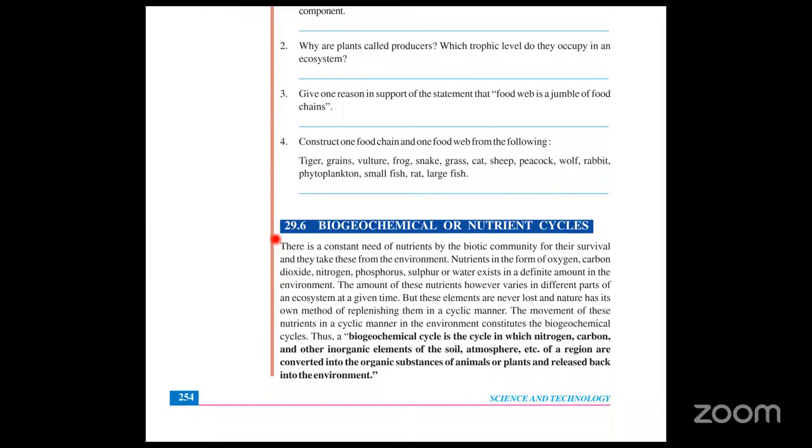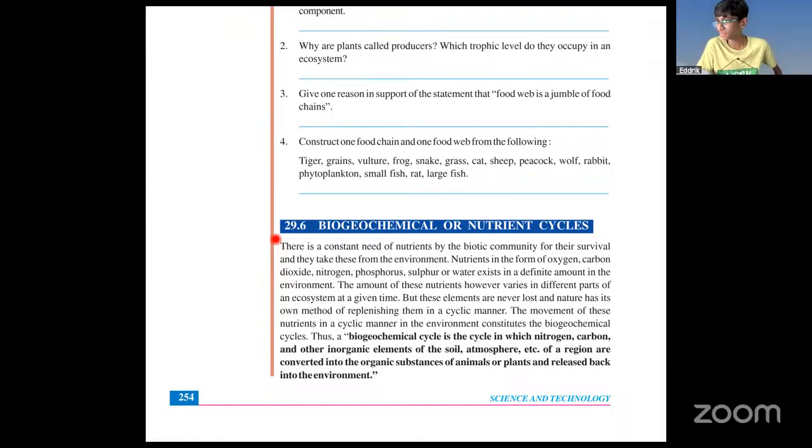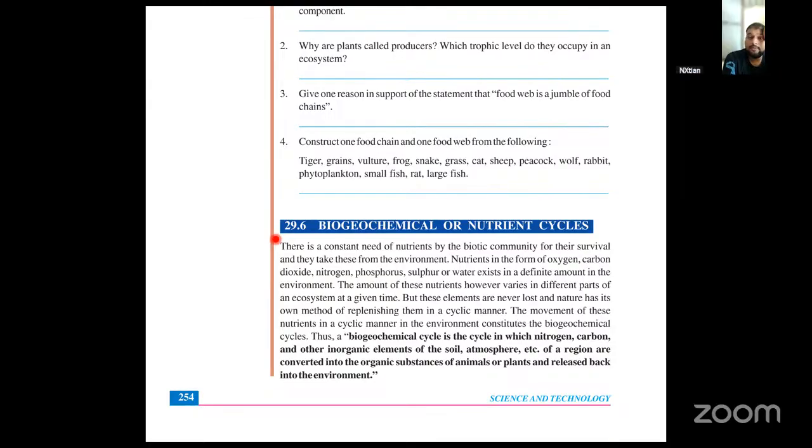Rhizobium bacteria is a bacteria that is present in the root nodules of the leguminous plants. Its main goal is to fix the nitrogen content in the atmosphere. It's responsible for nitrogen fixation. Now, what are the leguminous plants? The pulses. These are called leguminous plants.